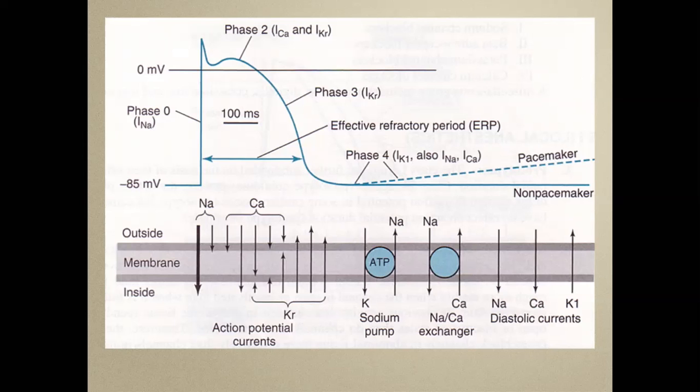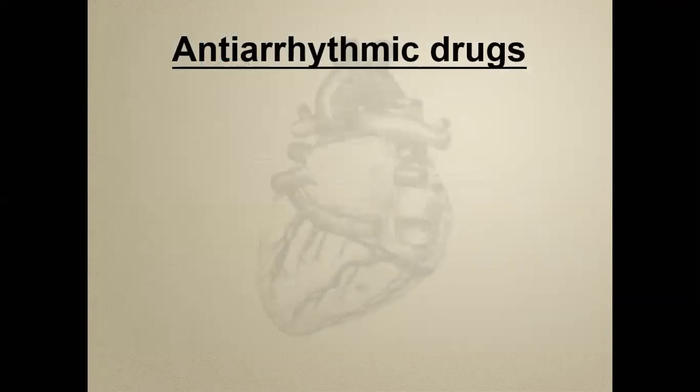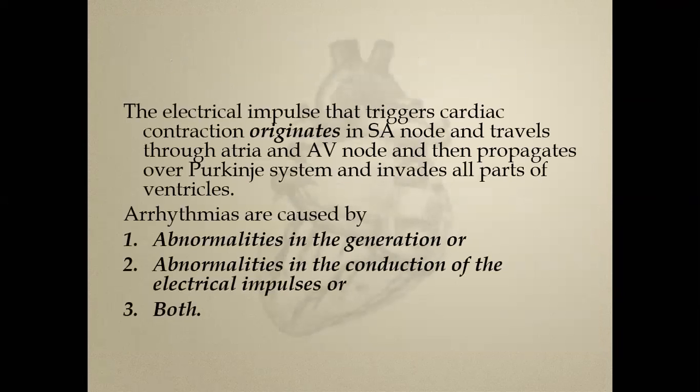And there are some types of arrhythmias. Arrhythmias are caused by abnormalities in generation or abnormalities in the conduction of the electrical impulse, or both.